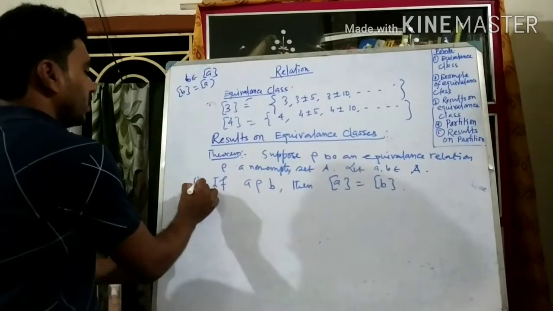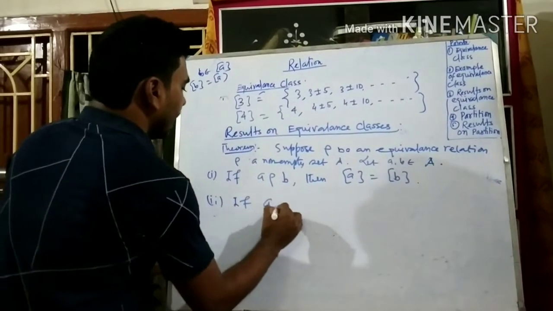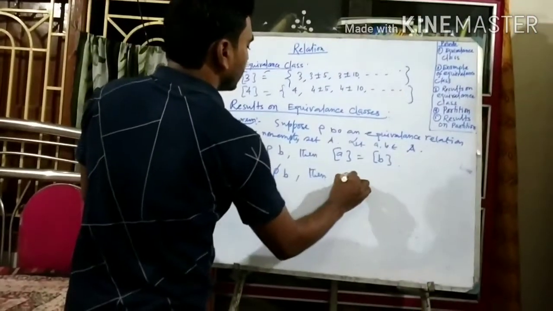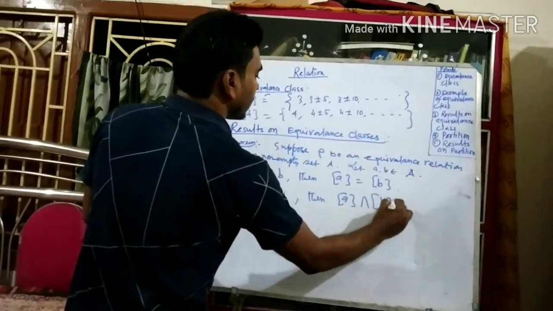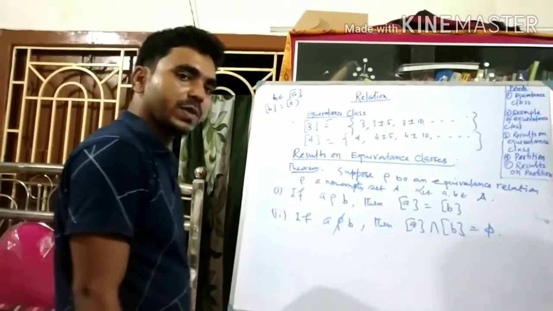This is the first one. Number 2. If a is not related to b, then class a and class b are disjoint.